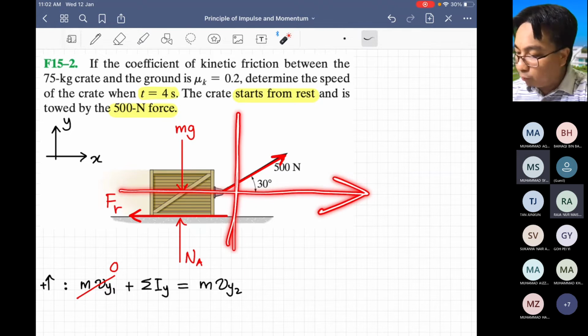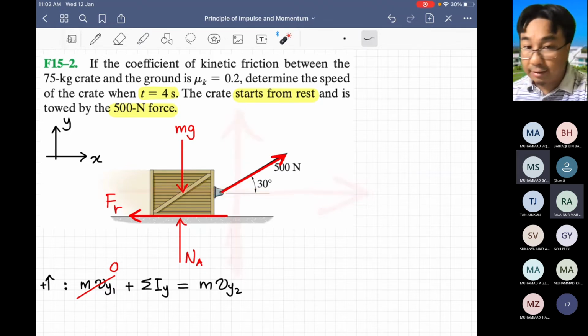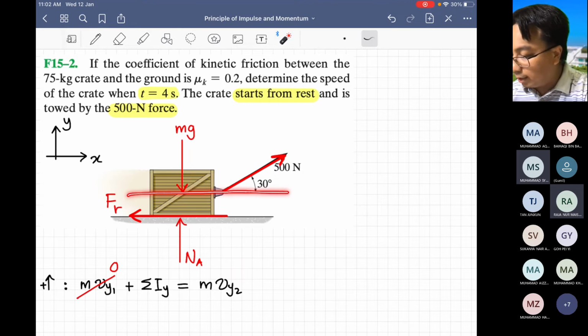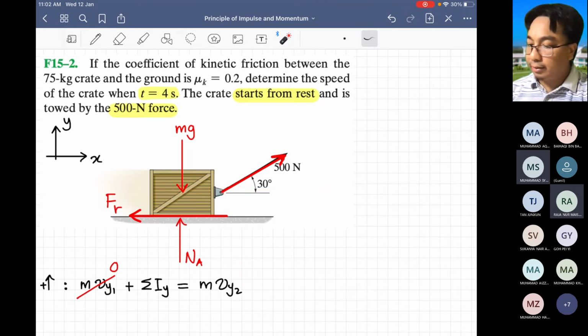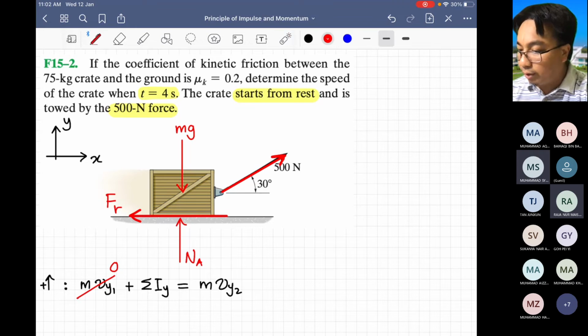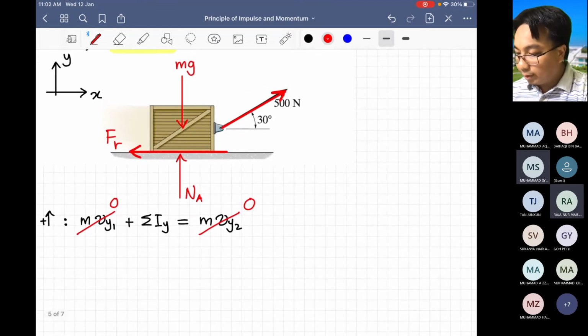There is no motion in y-axis. Dia tak bergerak ke atas, because the force yang apply ni hanya menyebabkan crate ni bergerak ke kanan. So Vy2 sama dengan kosong. So the first linear momentum is zero, and the second linear momentum in y-axis is also zero.